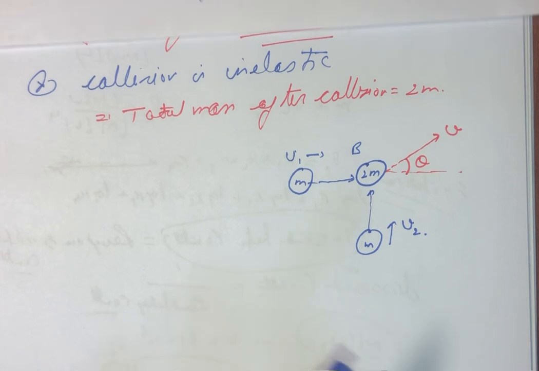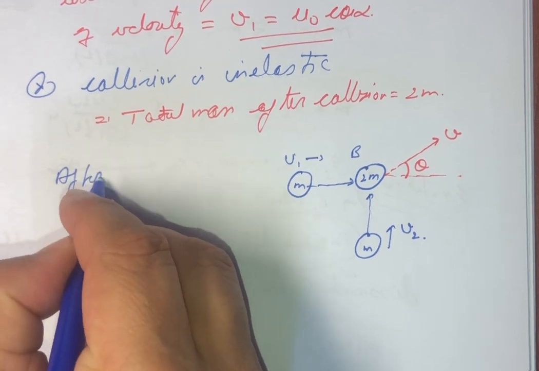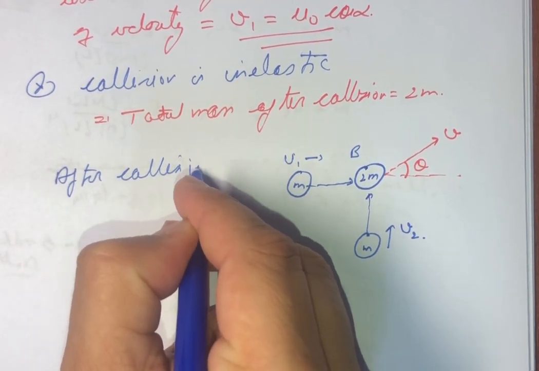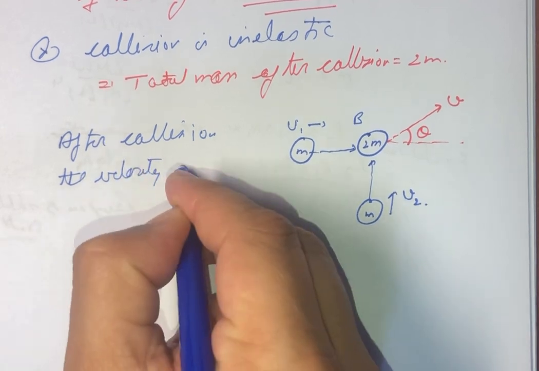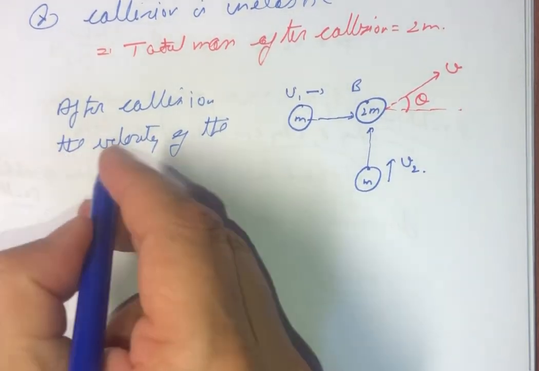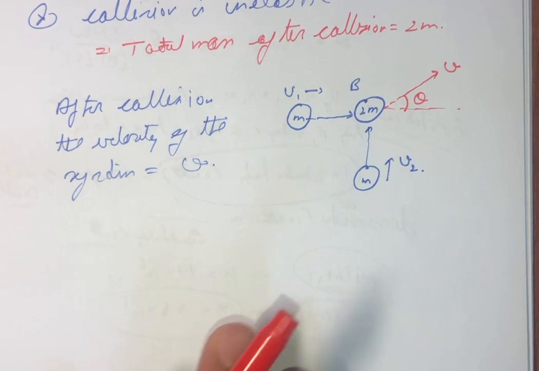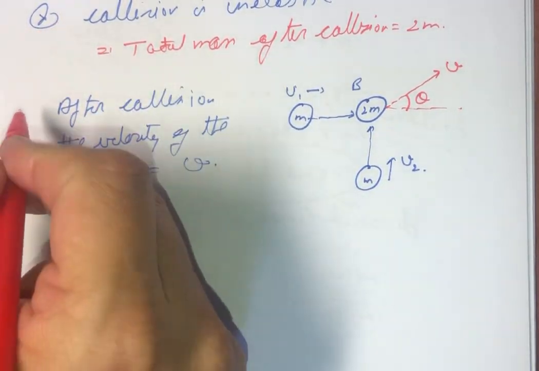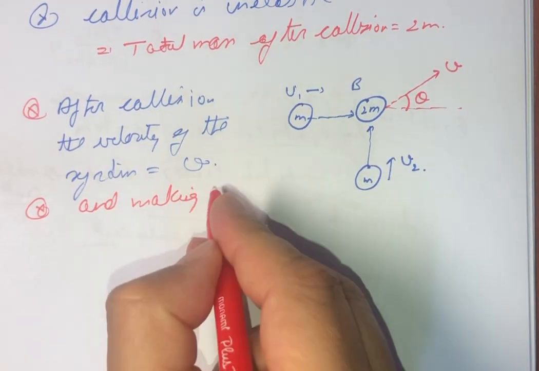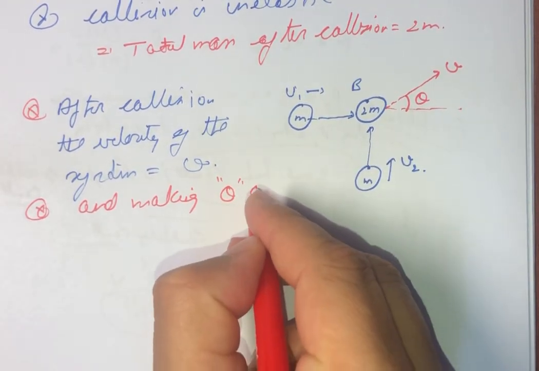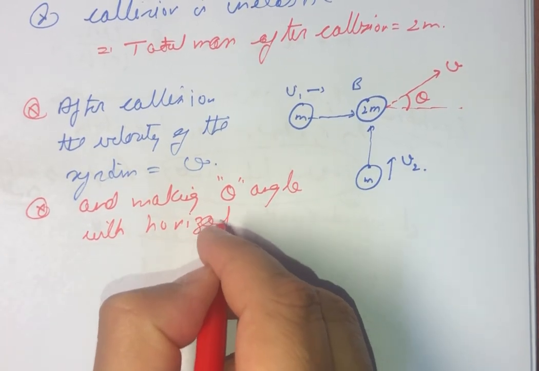We say that after collision, the velocity of the system is v, making theta angle with horizontal.